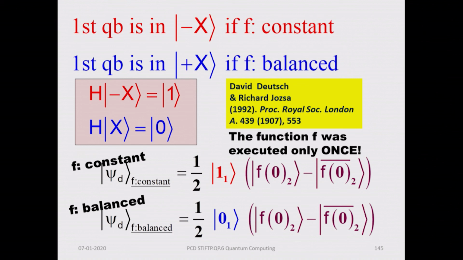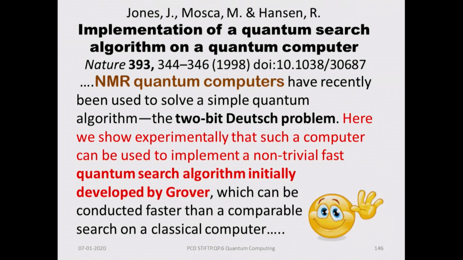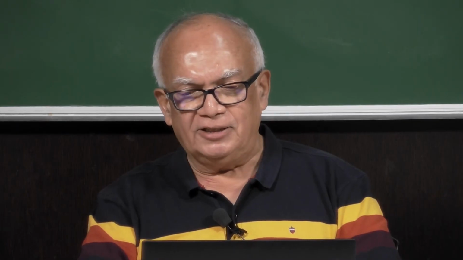Decoherence remains a challenge, but using NMR, the 2-bit Deutsch problem was solved like 20 years ago, and such an NMR quantum computer was built 20 years ago, and many things have been achieved, not just the Deutsch problem, but also other algorithms including Grover and so on. So I will stop here for this class.